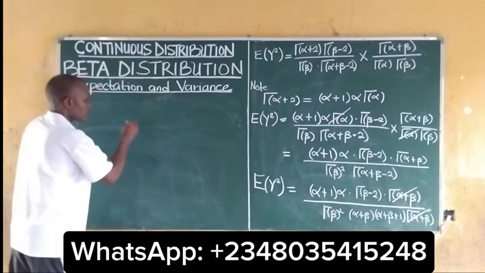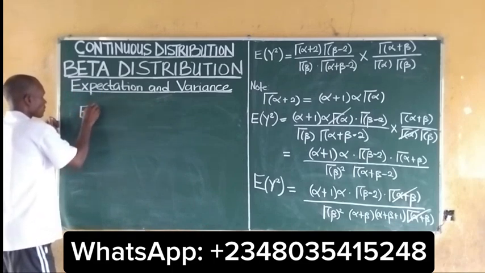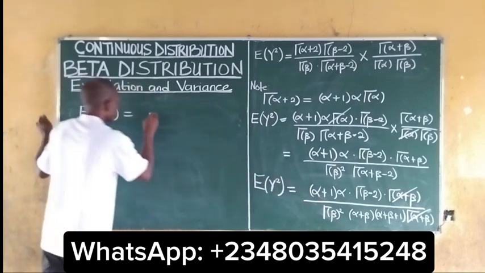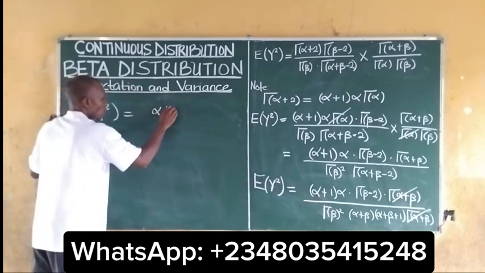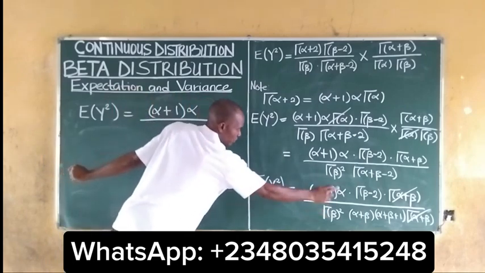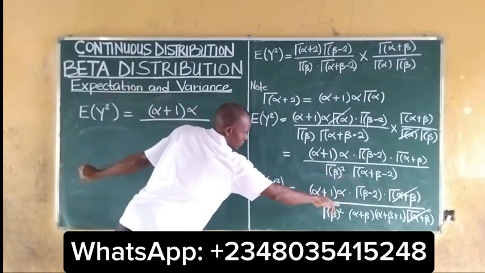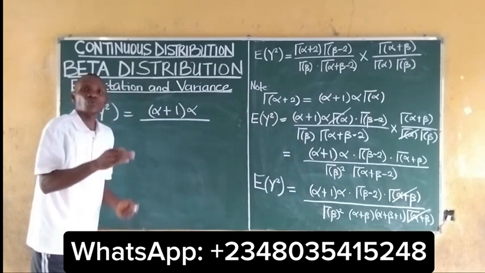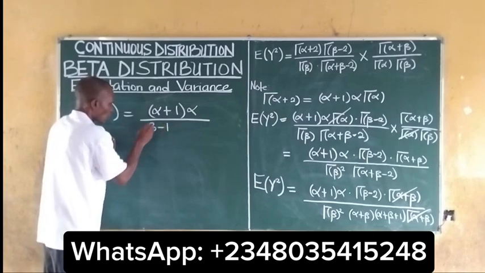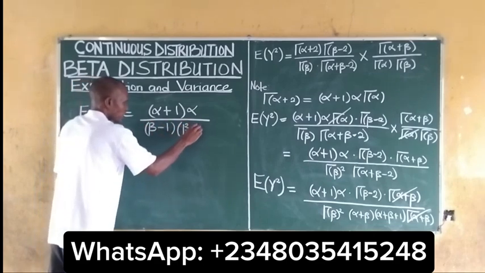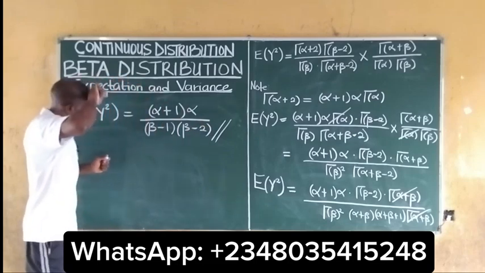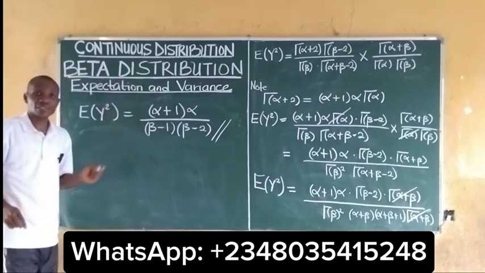We come over to this side, it then means that our expected value of y squared will be equal to, we'll bring this out, alpha plus 1 into alpha all over, if we cancel this, the whole of this, if we rewrite it with our gamma property, we'll get beta minus 1 into beta minus 2. So this becomes our expected value of y squared.